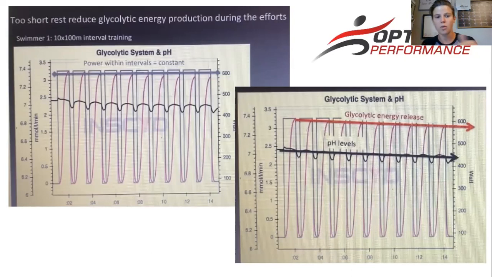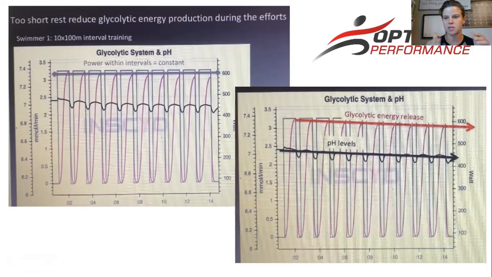Okay, so what we're seeing here is if you're not training the right way when it comes to interval training, your power, right? So the energy release is going to start to decrease, which is what we see throughout each intensity. Okay. So biggest take home from this slide, what I want to get across is you can't just do a 1-to-1 work to rest ratio when you're working on interval training.